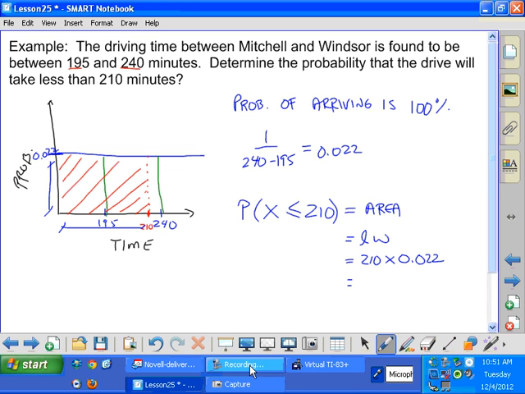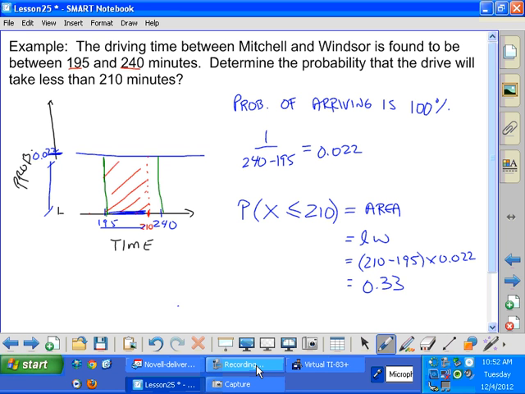And that is above 100%, which is not what we want, because my mistake here, I forgot that 195 is the quickest it's been done. Our area only extends from 195. So my mistake there. It should be 210 take away 195 as the length of the rectangle. So it's this rectangle here we're looking for, multiplied by 0.022. Trying that, 210 minus 195 times 0.022, we get 0.33.